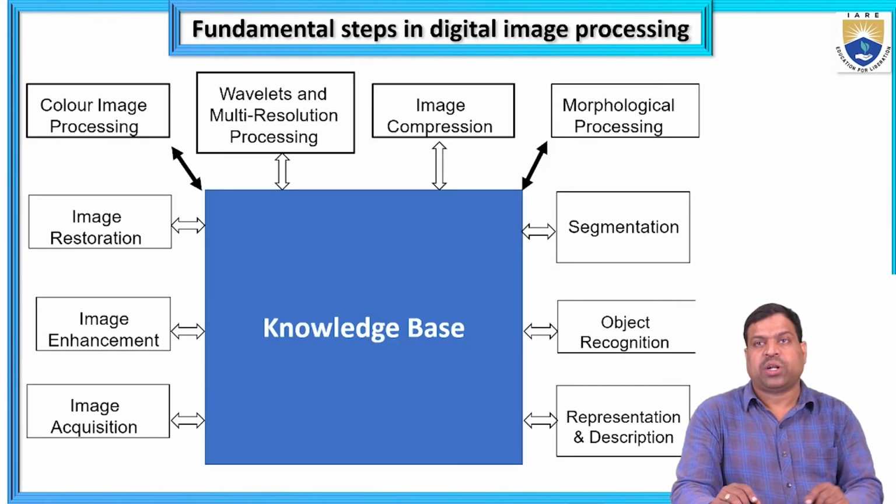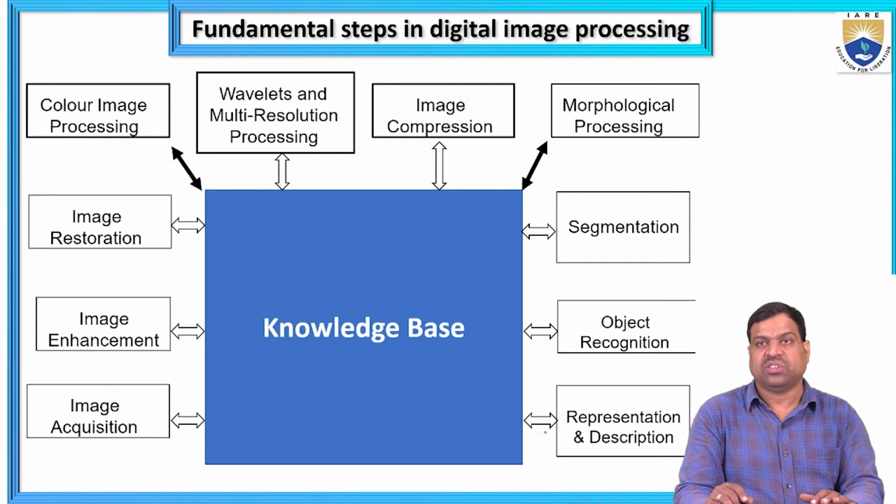Another topic is the fundamental steps in digital image processing. Previously we discussed the components I need, but here, what are the fundamental steps to convert an analog image into a digital image, or do image enhancement or image restoration, whatever it may be?